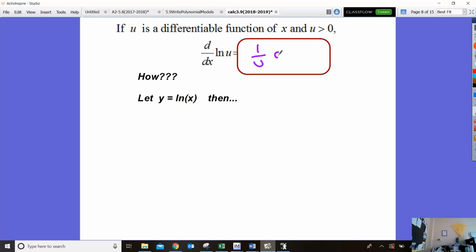Du, du dx. You guys don't want to see it, do you? No? You're just not curious? Okay. Well, that saves time, I guess.